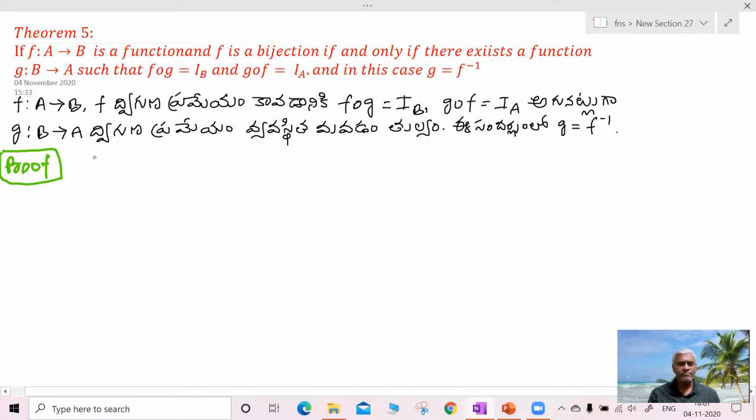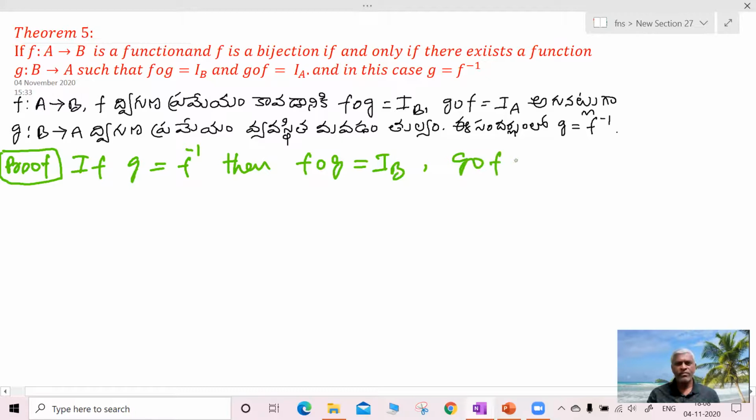Now first one: if g is equal to f inverse, then we prove f circle g is equal to IB and g circle f is equal to IA. So this is one part. And next we prove its converse.